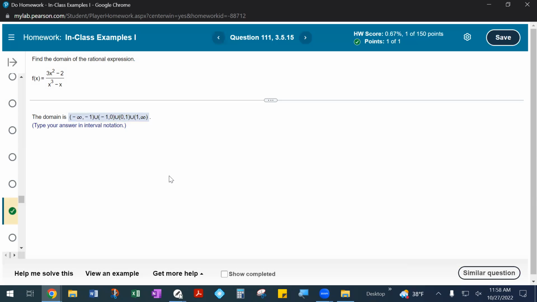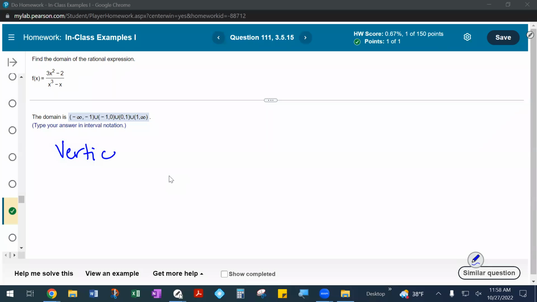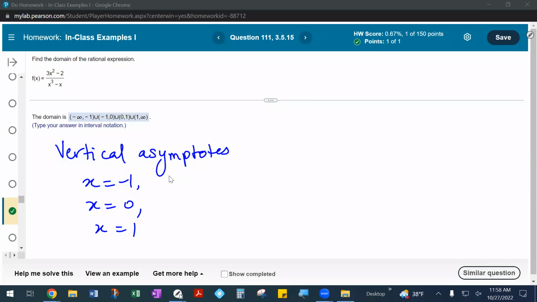So for this function, like I was saying, your vertical asymptotes are going to be at x equals -1, x equals 0, and x equals 1. So the same places where our domain cuts off are the same places where you have your vertical asymptotes.